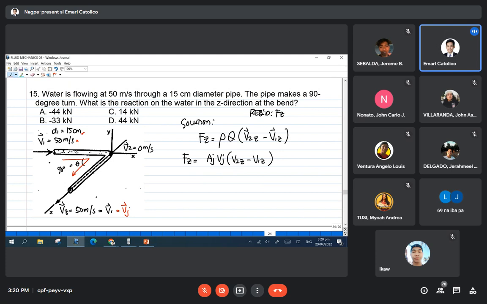Direct sub lang po. Therefore, force at C is equals to 1,000 kilogram per cubic meter. Area mo is pi over 4, D mo is 15 over 100 squared, meters squared. Velocity ng jet mo, yung velocity at C, 50 meters per second. Velocity 2 is 0. Velocity 1 is 50 meters per second.